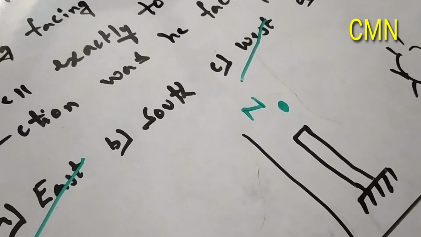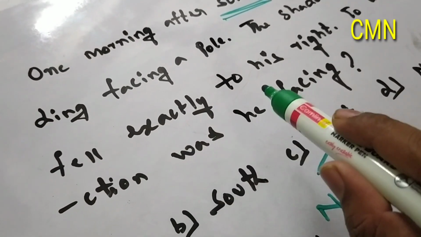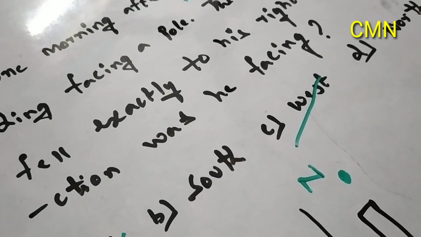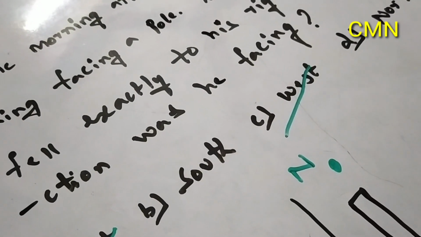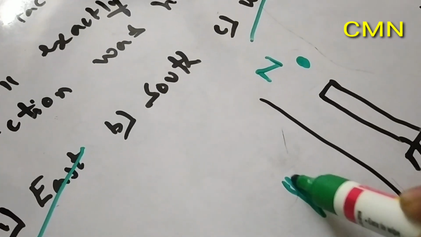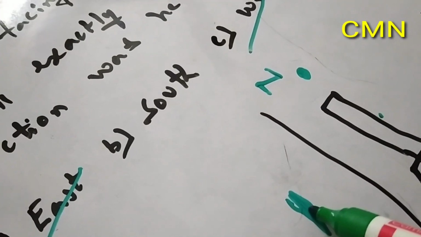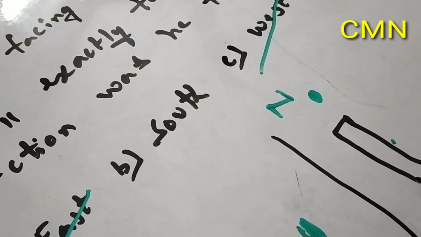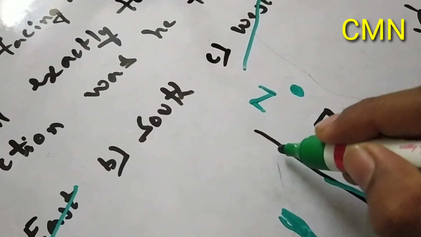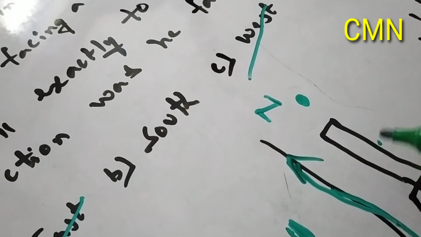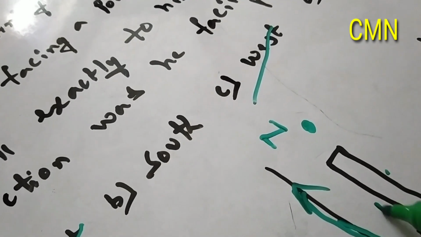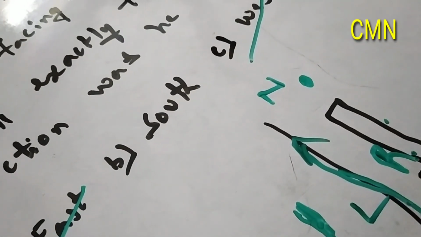It is clearly mentioned that the wall's shadow will be on his right side. The shadow of the wall will definitely be on this side only. Suppose he is facing the north direction. That means this is his facing direction, this is his right, this is his left.